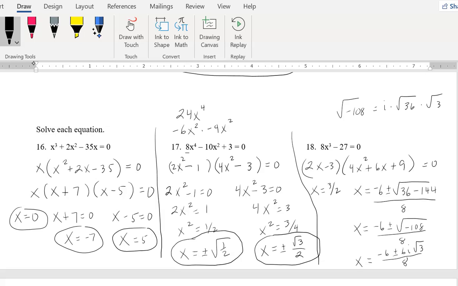You can divide by 2 into these numbers that are not under the radical. So negative 3 plus minus 3i root 3 all over 4. And that goes along with 3/2 as my final answers. Okay.